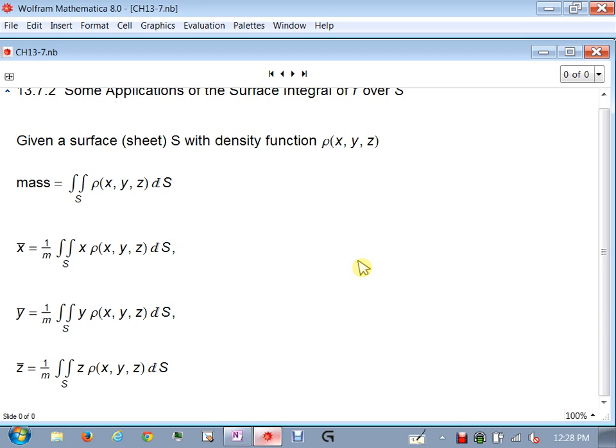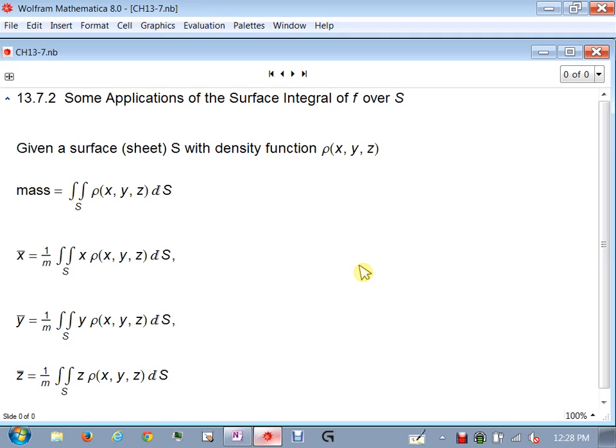All right, so look, some of the applications. Think about what I was saying again. If you're moving along a surface and you're trying to find the value of some function at every point on its surface, and then adding them all up, then if you have some definition of what's happening there, that sum might mean something. For example, if we take the density at each point, so we integrate the density function along the entire surface, then we're going to get the mass of the surface.